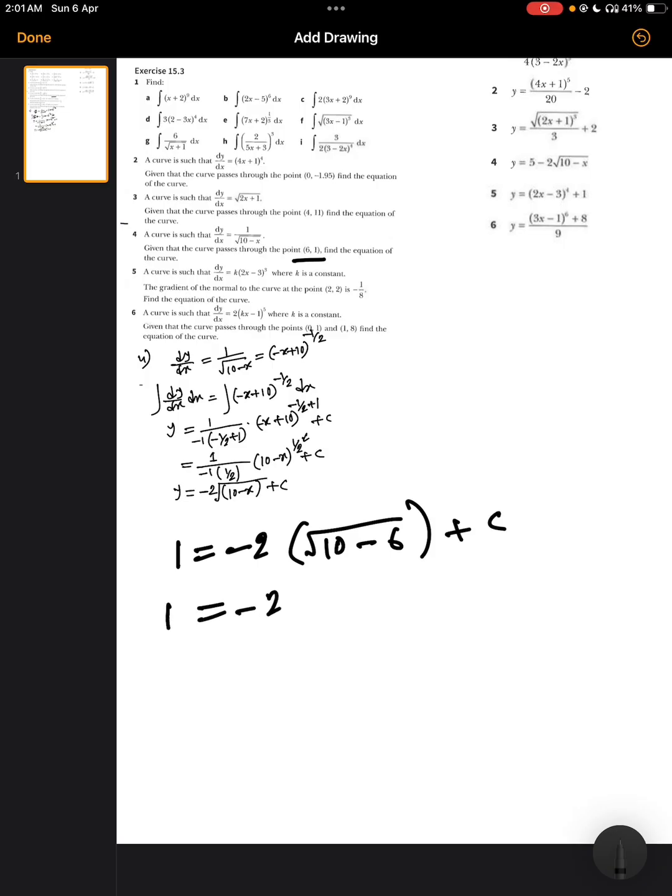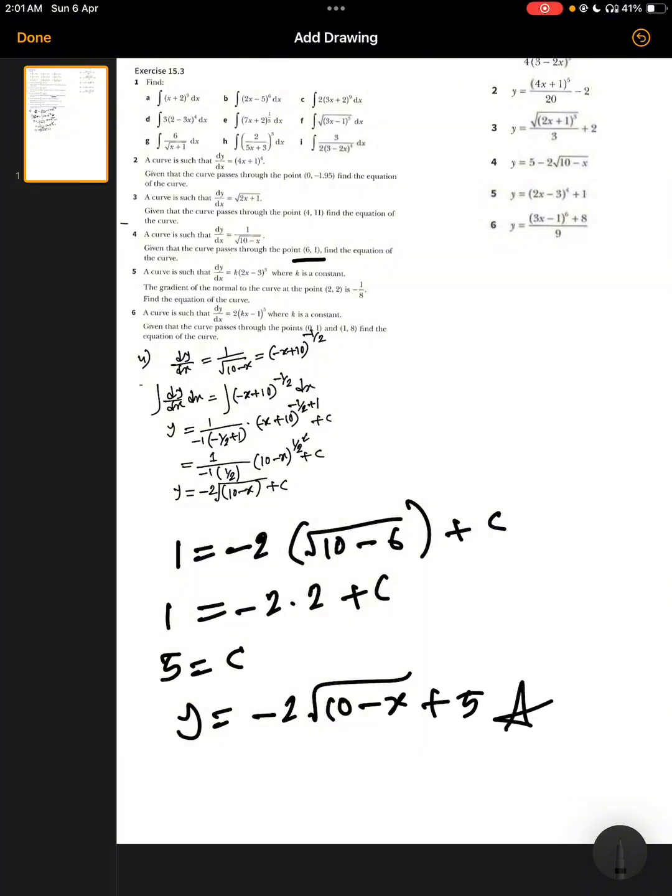So 1 equals negative 2 times square root of 4, which is 2. Okay, so 4 plus 1 is 5. So 5 is equal to c. So y is equal to minus 2 square root of 10 minus x plus 5, which is the result. So I can write it down this way: 5 minus 2 square root 10 minus x. This is also the result. Exactly the same thing.